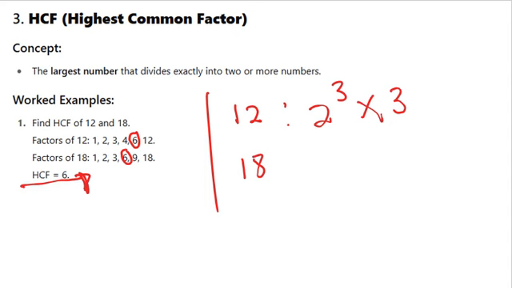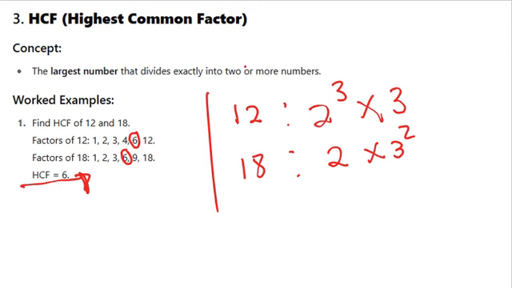Then you go to 18, equal sign, shift factorize, and you're going to get an answer of 2 times 3 squared.